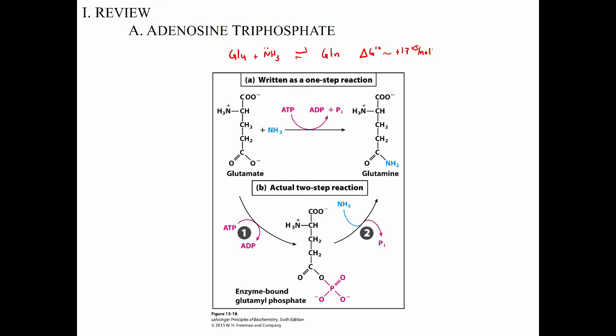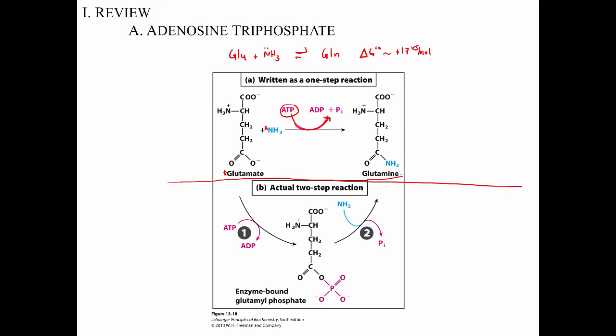However, if this reaction is coupled to ATP, and let me just draw a line right here, look at everything above the red line. What you see here is that we're doing essentially the same reaction. We have glutamate and ammonia, and then we have ATP being hydrolyzed, and that will then make glutamine. This is a really common reaction in the cell.